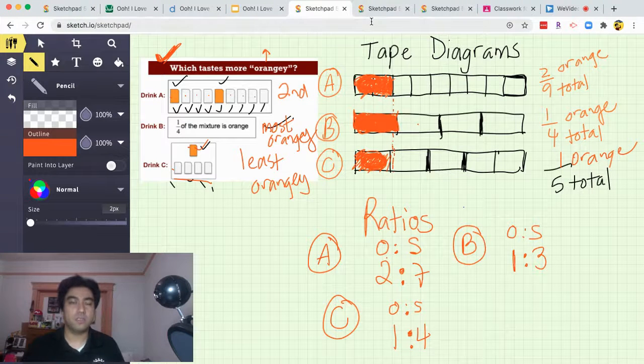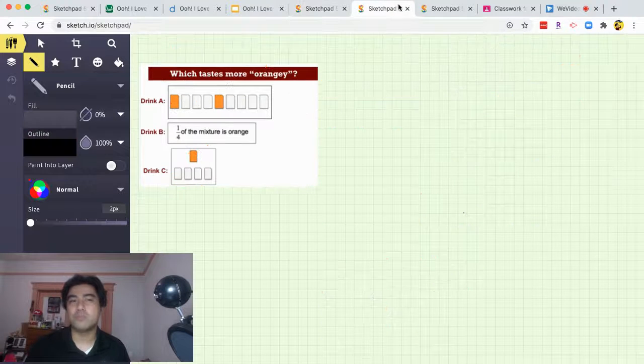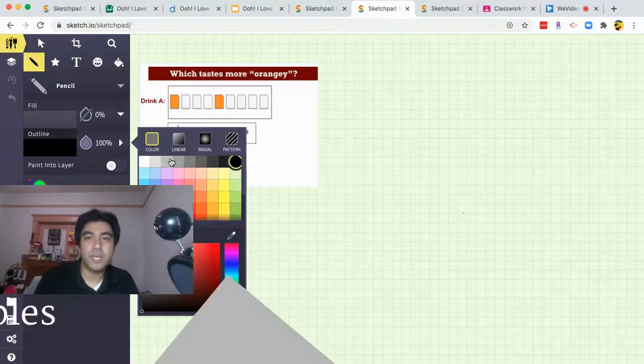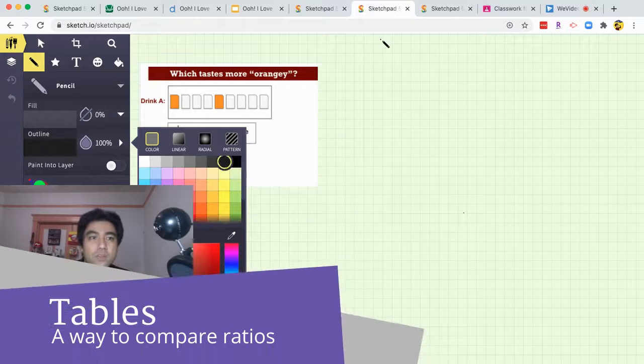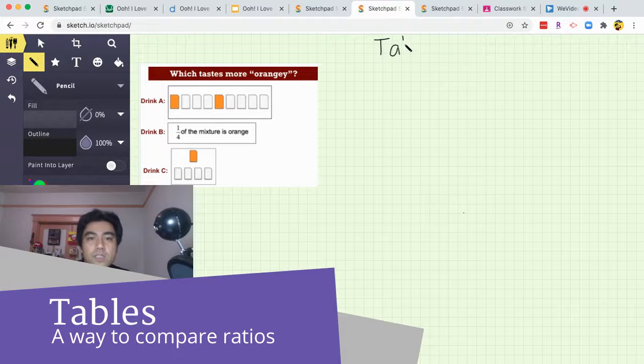Okay? So now we're going to take a look at one final way to solve ratio problems. We're going to look at tables. So this is exciting because for many students, this may be not your first time doing tables, but maybe your first time actually comparing tables, okay?